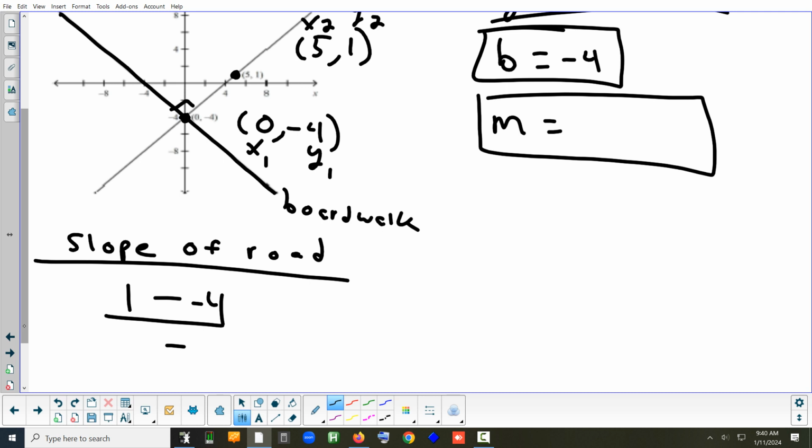X2 minus X1. Okay. What's 1 minus minus 4? 5. Right. It's going to become 1 plus 4, which is 5. What's 5 minus 0? 5. And when you divide 5 by 5, what do you get? 1. Okay. That's the slope of the road.